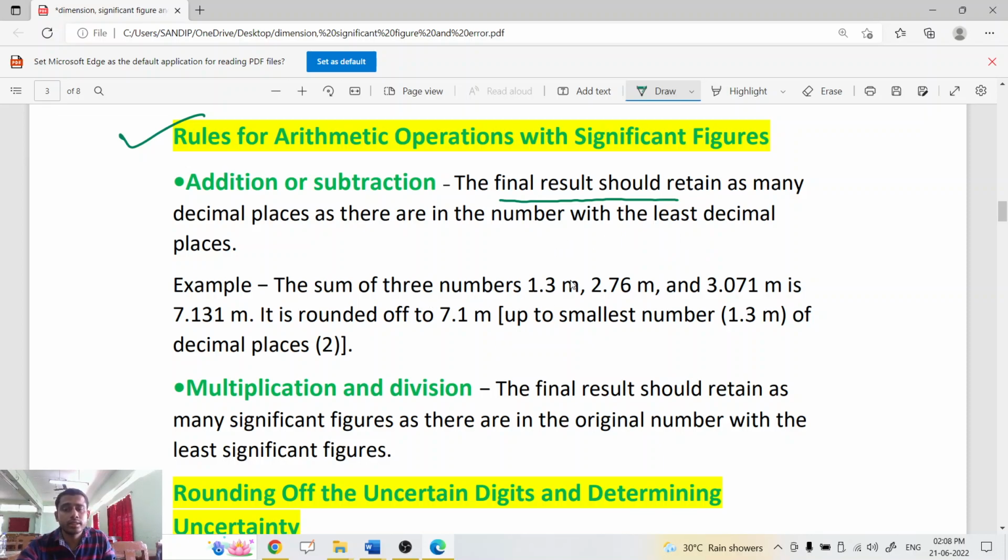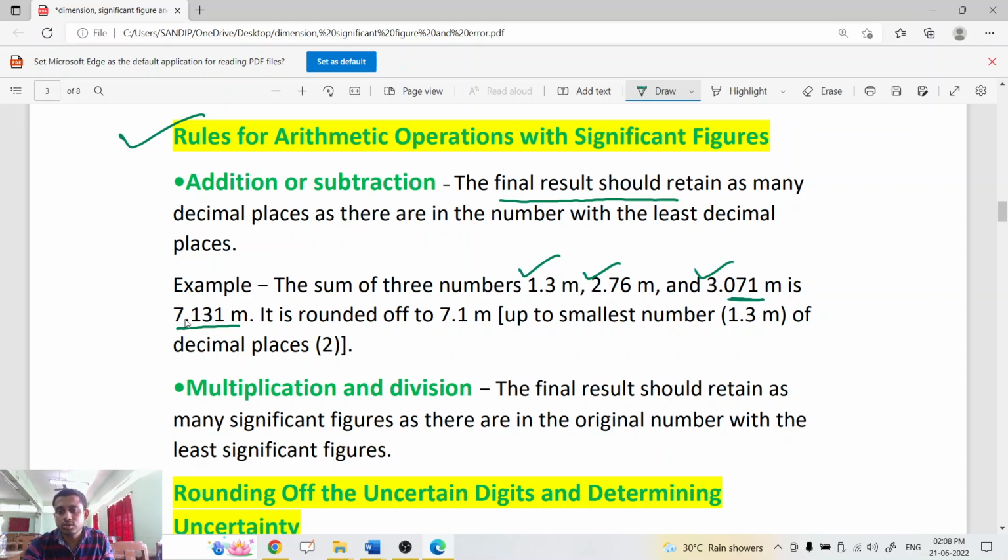Here we take three numbers, 1.3, 2.76 and 3.071, and we add them and get 7.131 meter, because the maximum after the decimal point is 3 digits.